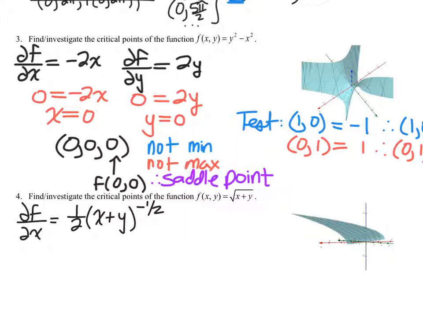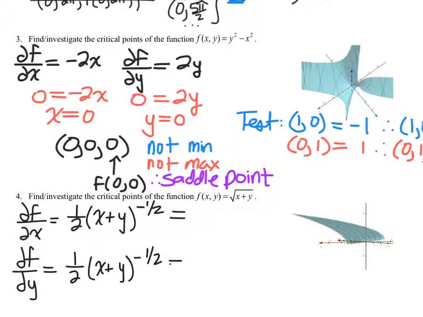If we do the same thing with respect to y, we're going to get the same result. Partial with respect to y is going to equal 1/2 (x plus y) to the negative 1/2, which amounts to, and we kind of dealt with this before, 1/(2 root(x plus y)).